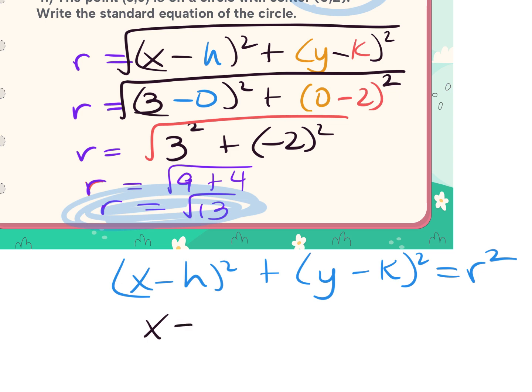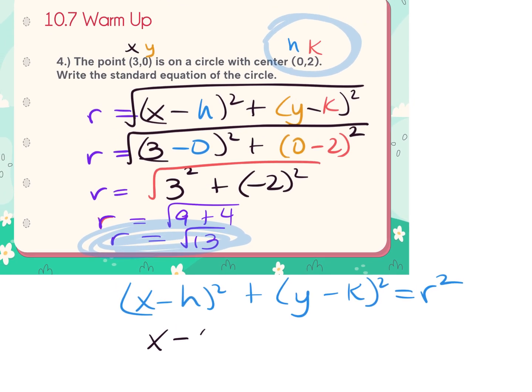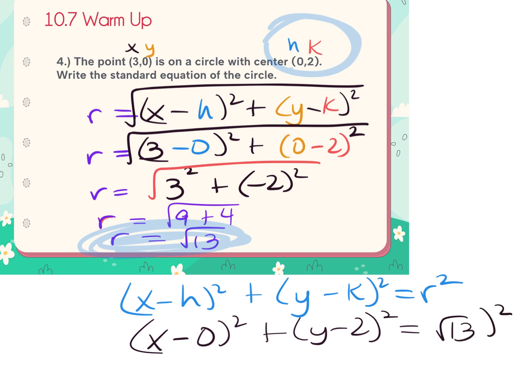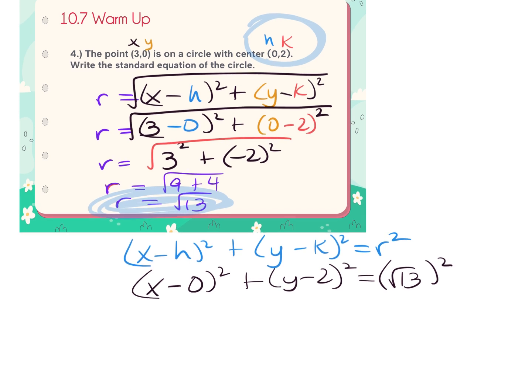So x minus, and again my h was 0, plus y minus 2 squared equals the square root of 13 squared. So what I'm going to simplify here is x minus 0, just make it x squared. Then the y minus 2 comes down. And when I square the square root of 13, it just becomes 13. So be able to do this as well.